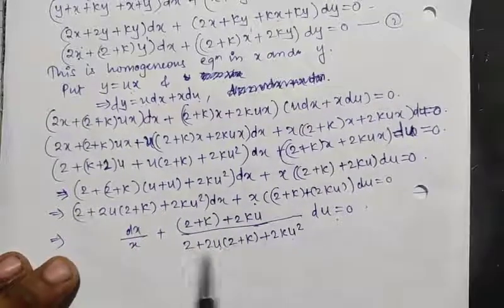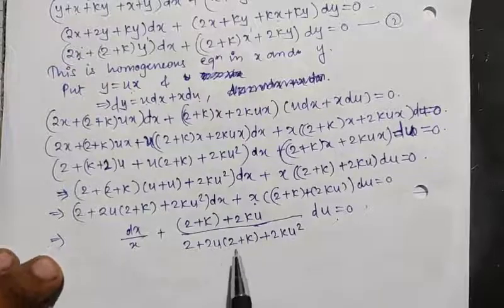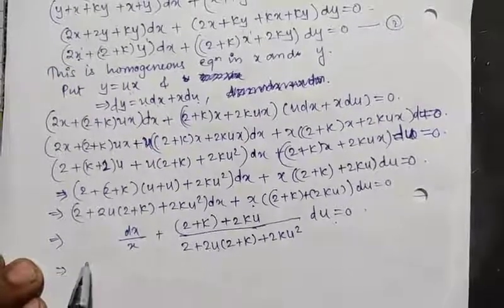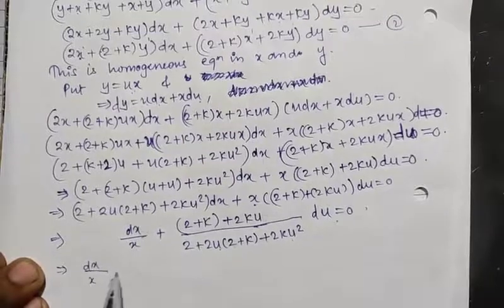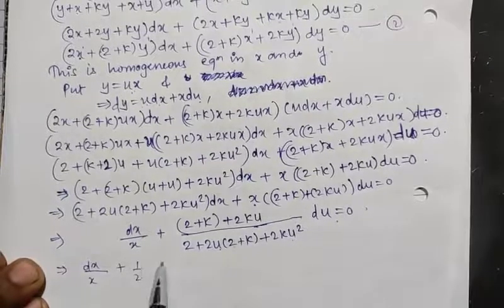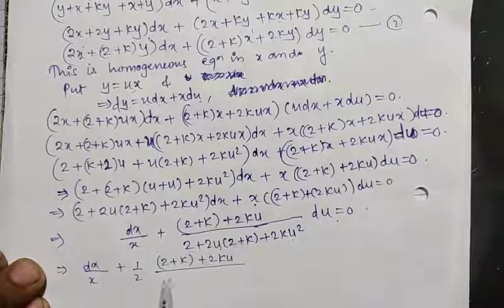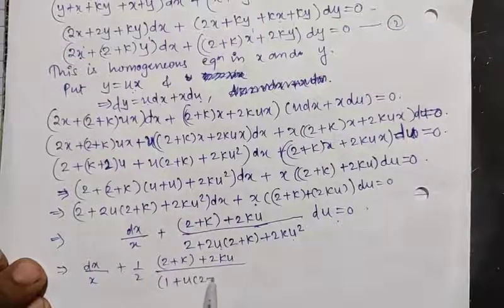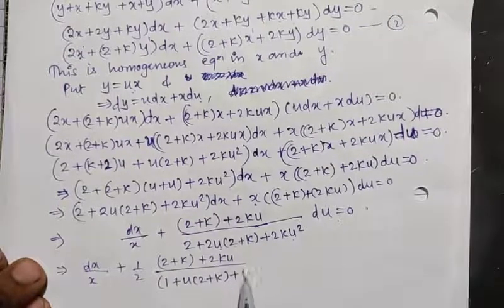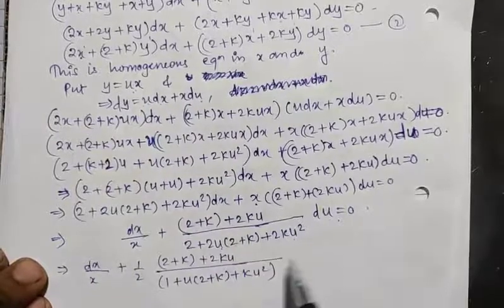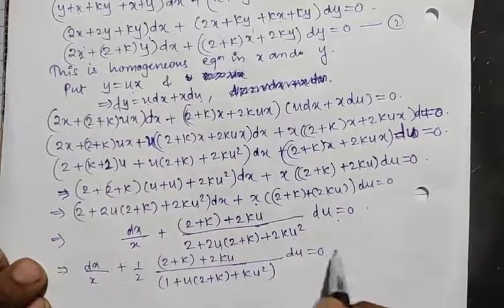So taking 2 outside, we get dx upon x plus 1 upon 2 times (2 plus k plus twice k u) upon (1 plus u into (2 plus k) plus k u squared) into du equal to 0.